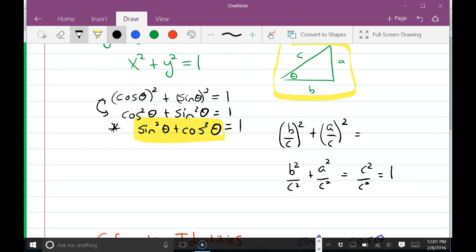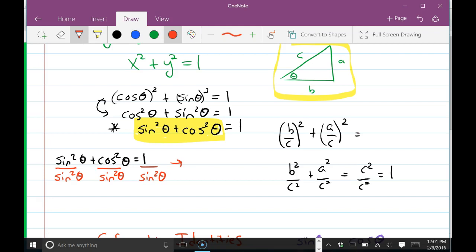There are 2 more. These are really easy to find by just doing a little division. So, if we start with this first identity, sine squared plus cosine squared equals 1, and you divide everything by sine squared, you will get the second identity.